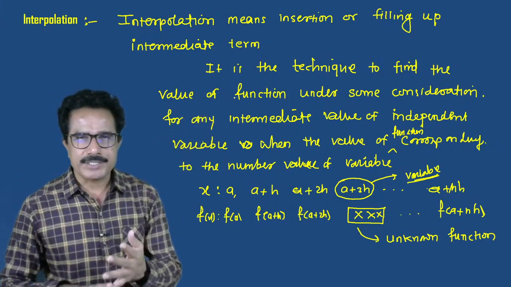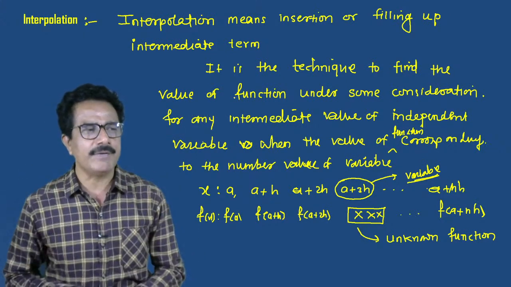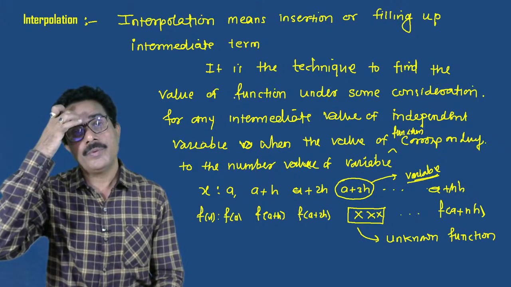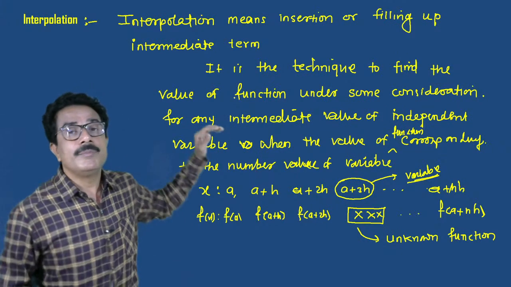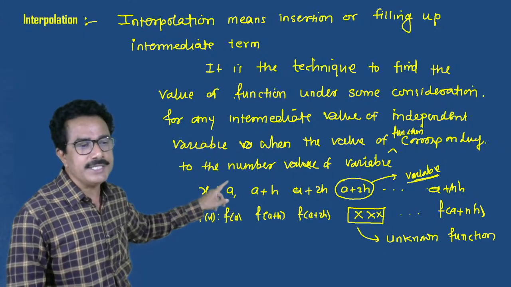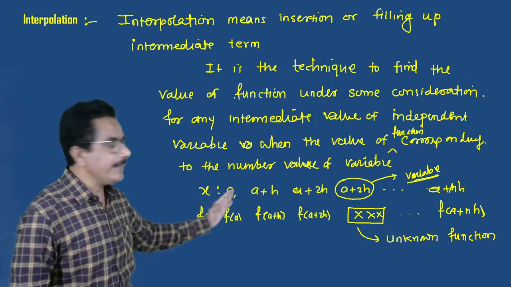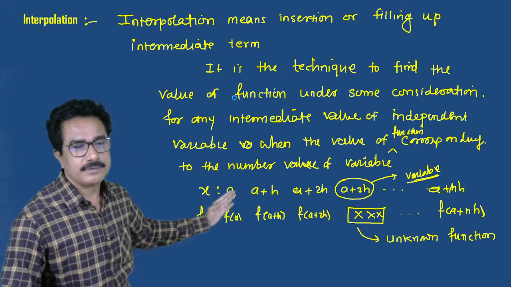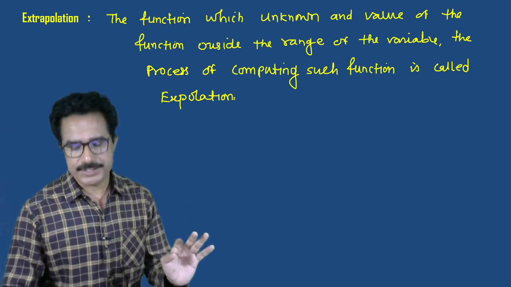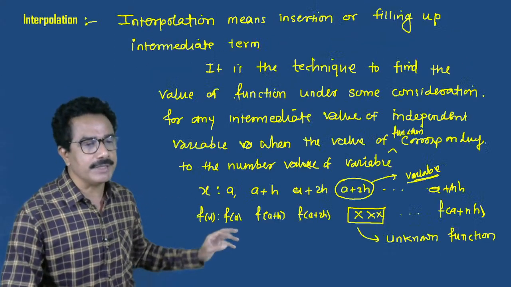Interpolation and extrapolation mean the process of finding the value of an unknown function for the variable. But interpolation means the unknown function lies in between the given range.